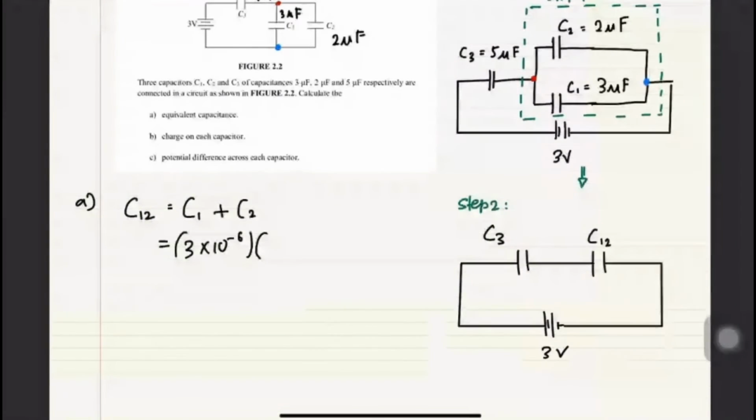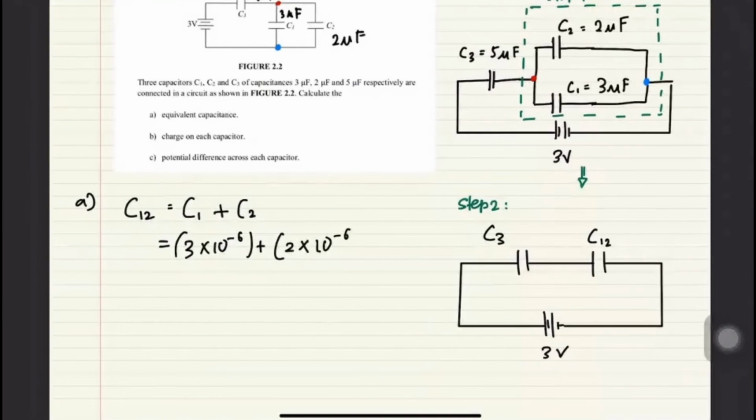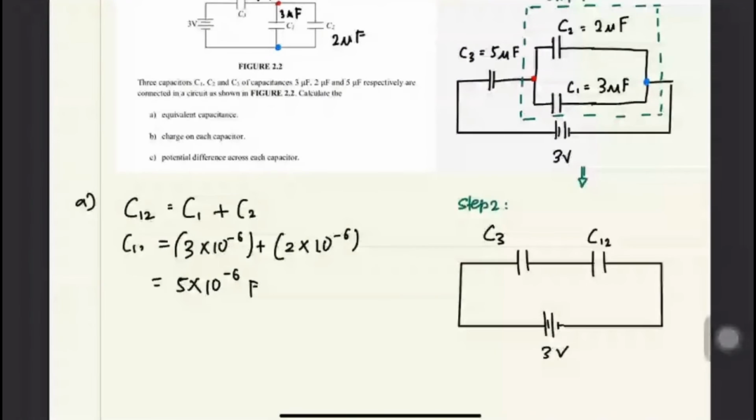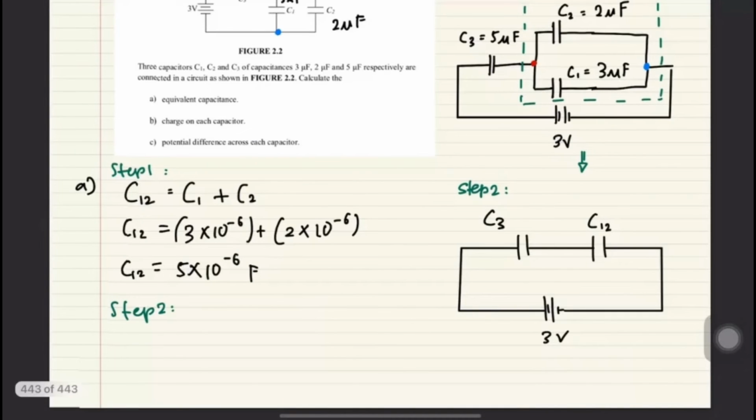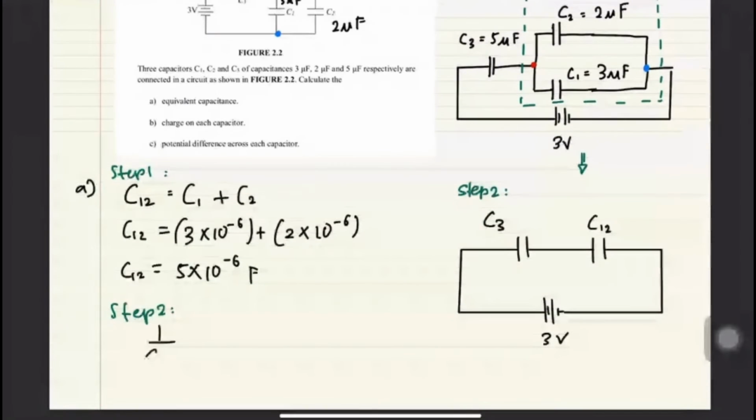Kalau saya ada salah, betulkan kalau saya terlepas pandang. So 3 plus 2 is equals to 5 times 10 negative 6 farad. Okay, this one is for step 1. And for step 2, you can solve using 1 over C123. Dia sekarang ni dah series lah.